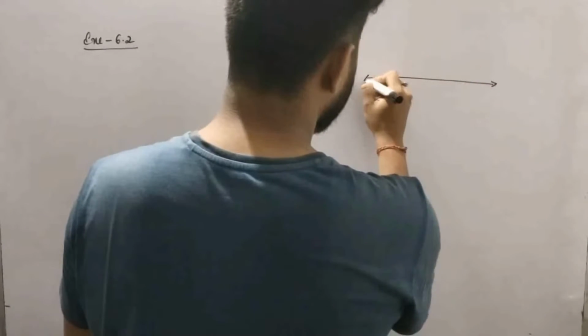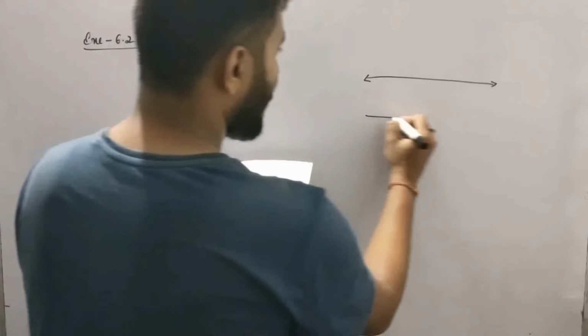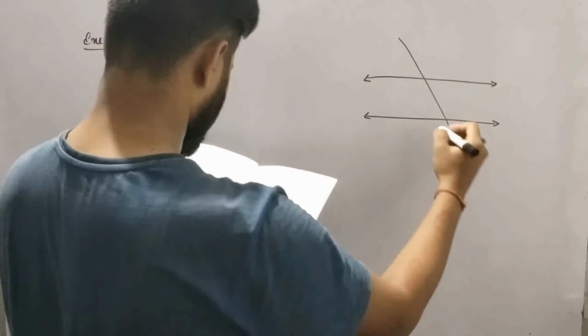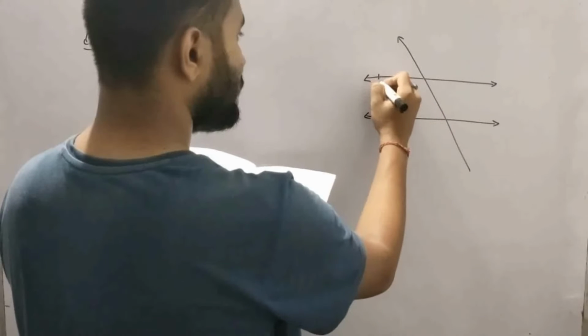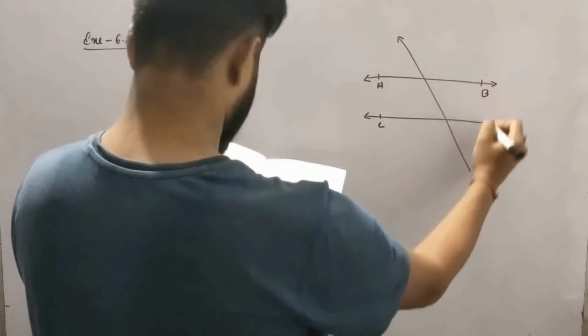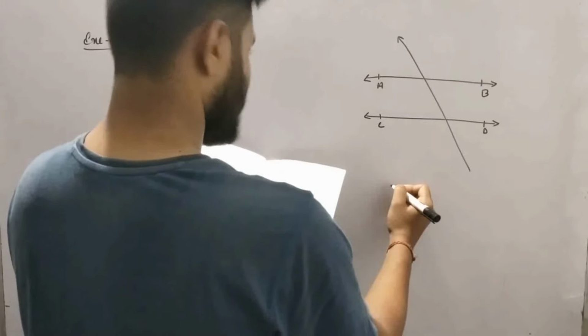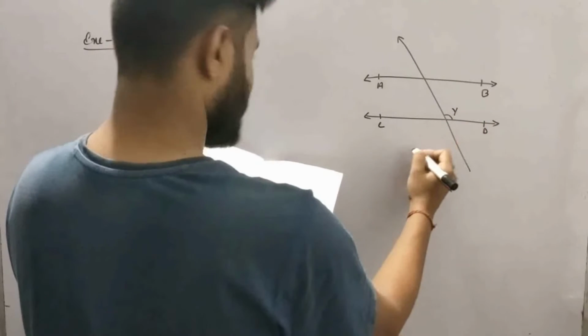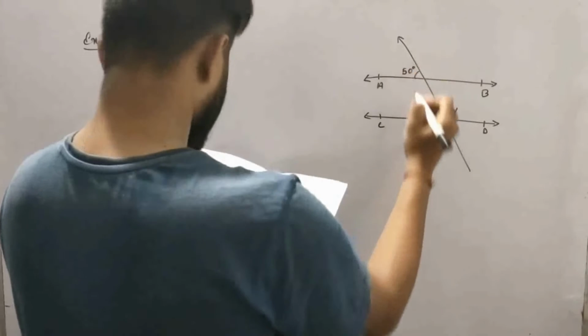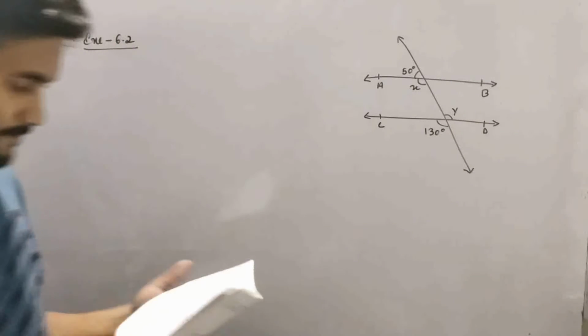Okay, so what is the first question? Draw the diagram. So this is the line. 50 degrees and this one is X. This is the diagram.